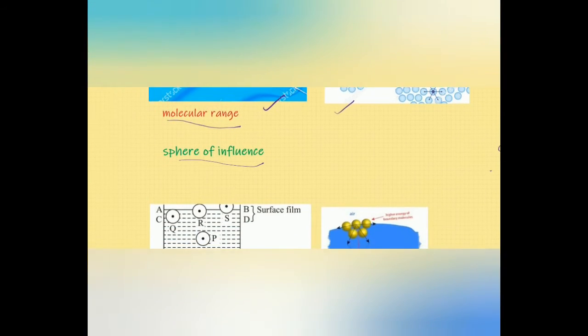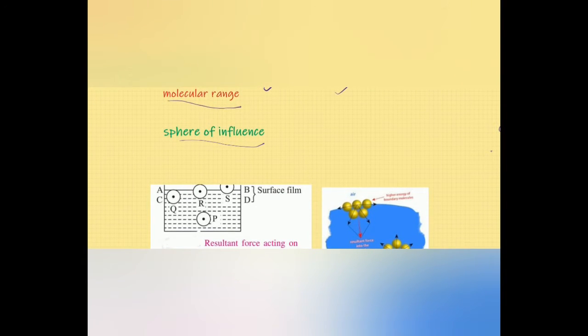Here we are going to discuss the cause of surface tension. For that purpose, we should know what is meant by molecular range and sphere of influence. What is meant by molecular range?